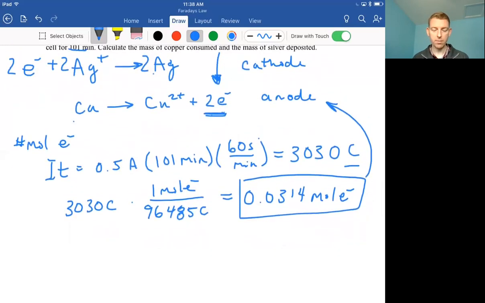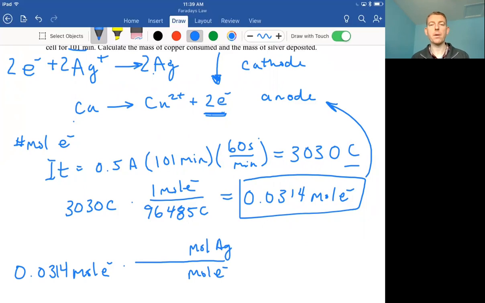If we have 0.0314 moles of electrons, and we want to convert that into moles of silver, so let's go moles of electrons on the bottom, moles of silver on top, so we make sure that we get our units correct.